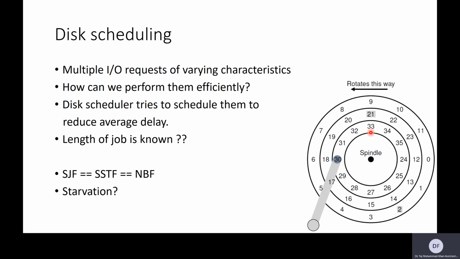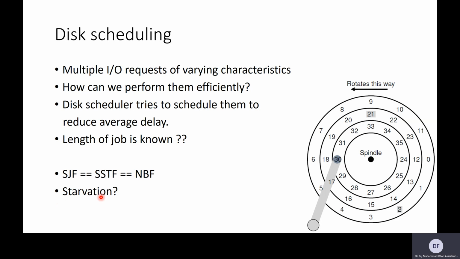If requests to nearby sectors continue arriving, then the turn of these far away sector requests may never come, and they may starve for disk access. So there is a risk of starvation in this simple strategy which we call shortest seek time first or nearest block first.